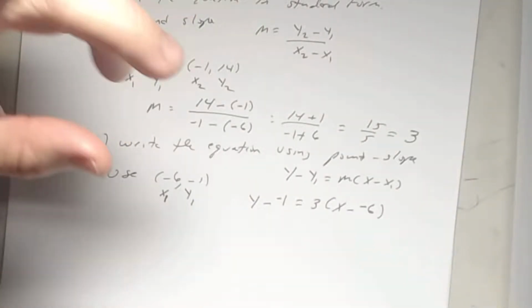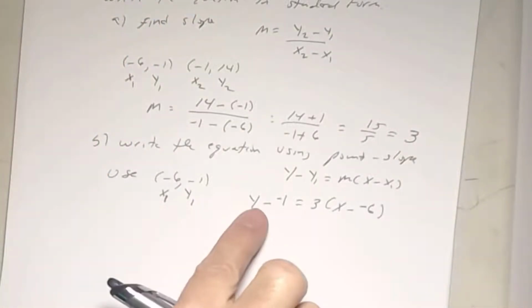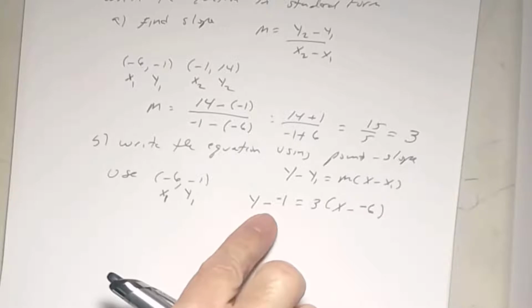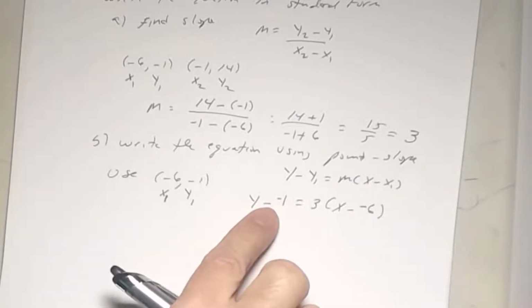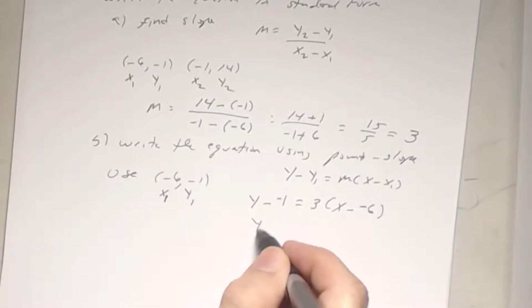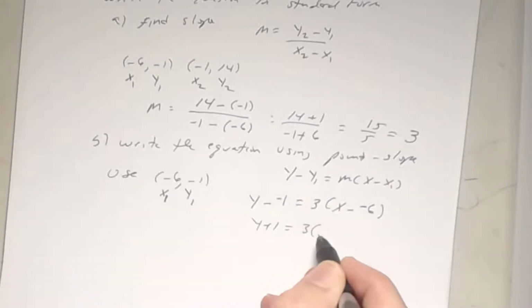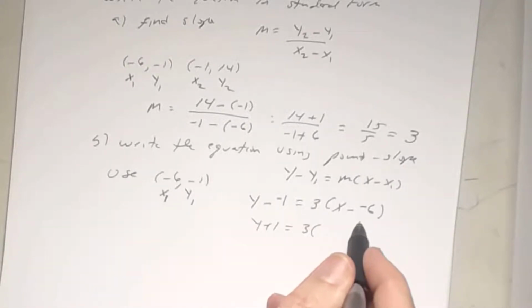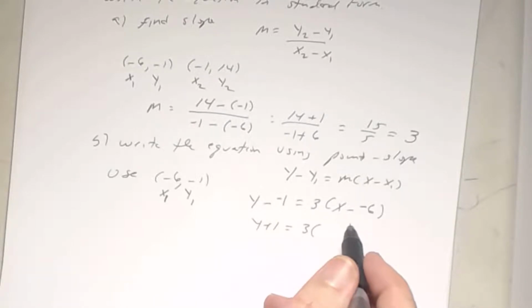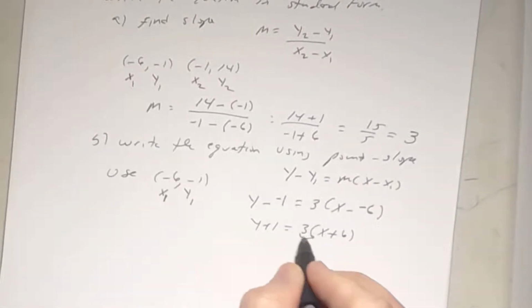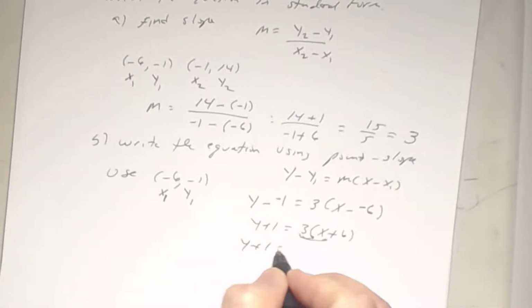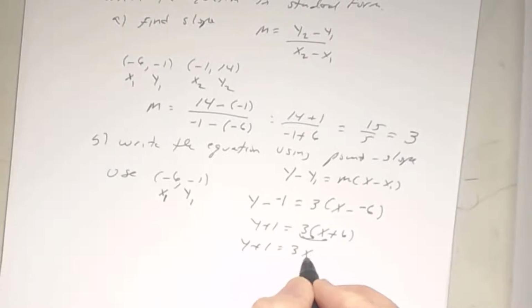Okay, now before you distribute, make sure you rewrite this subtraction. Y subtract negative 1, rewrite it. You know that's supposed to look like what? Y plus 1 equals 3 times x subtract negative 6, you know that's supposed to look like x plus 6. Okay, now distribute. So I get y plus 1 equals, and then that's 3x plus 18.